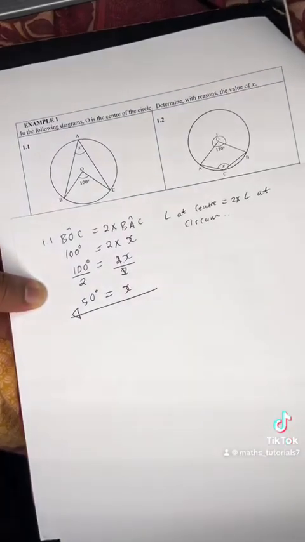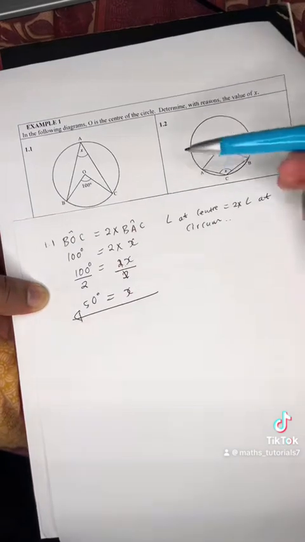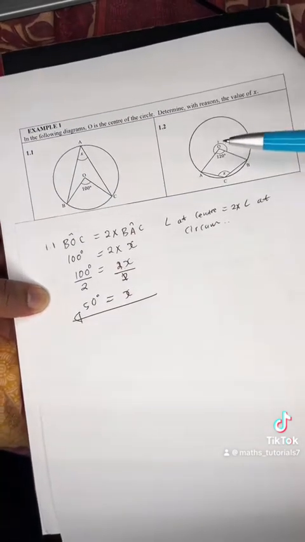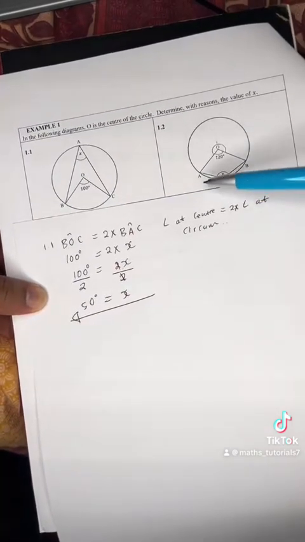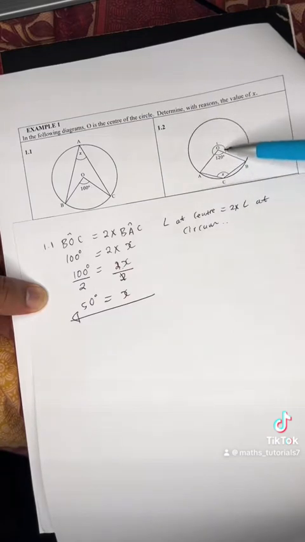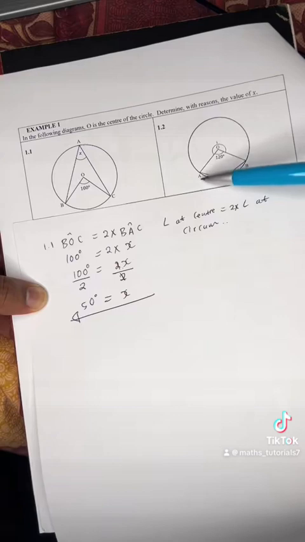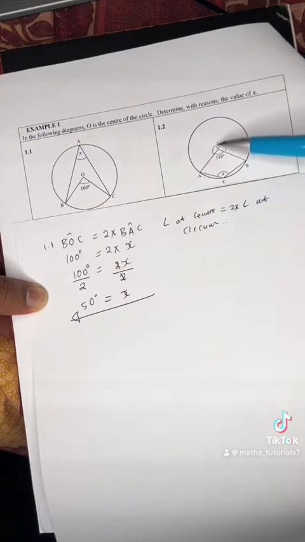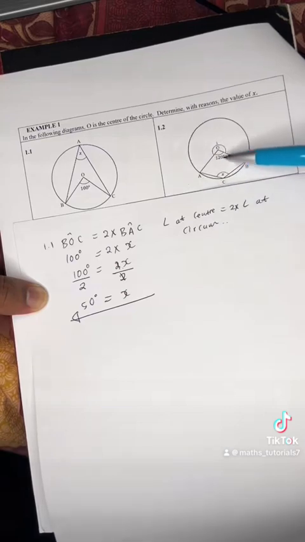As for 1.2, we are still going to apply the same principle. Remember that we have this angle here, AOB, this one which is outside, right? So let's focus on angle O1. Let's call it O1 because it talks about this one outside. I think AOB is this one with 120.